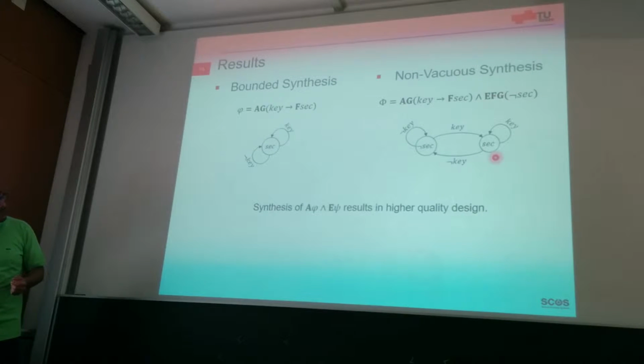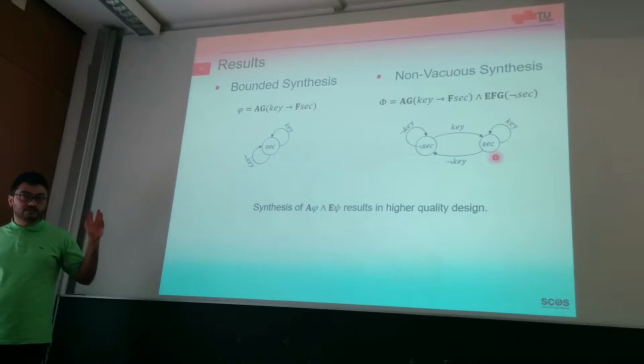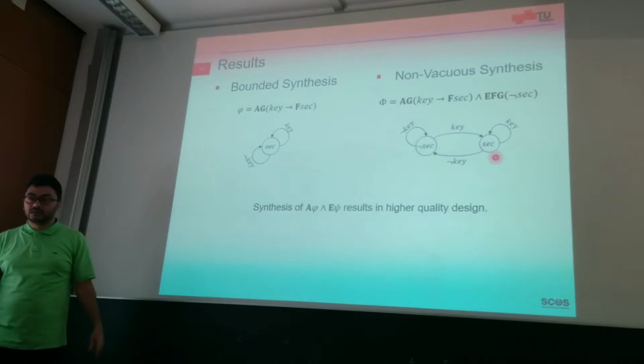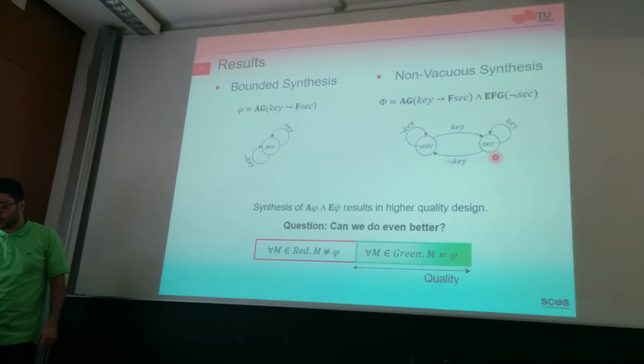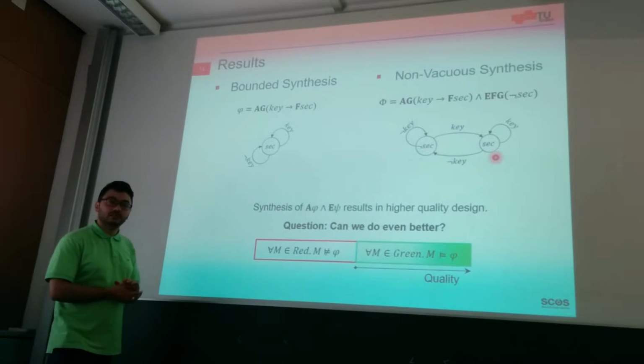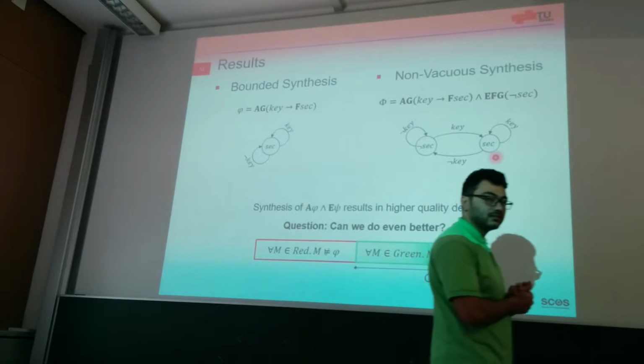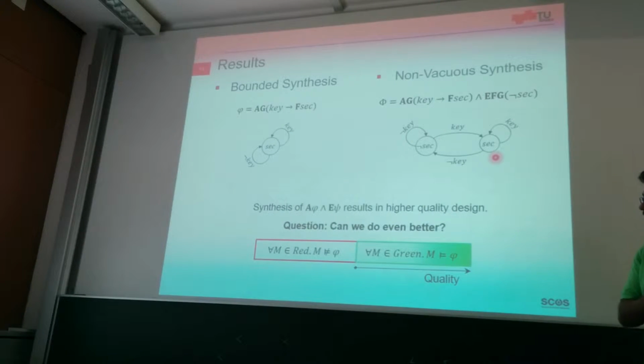Okay, so we already know that synthesis of this A phi and psi results in a higher quality design. But the question is, can we do better? We found one equal system. We synthesized a slightly better system, but can we do even better?